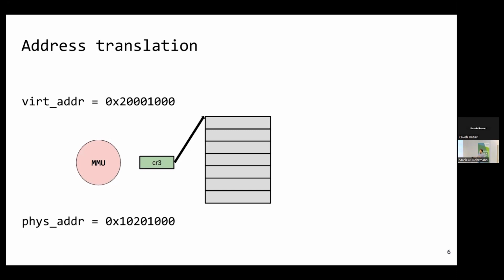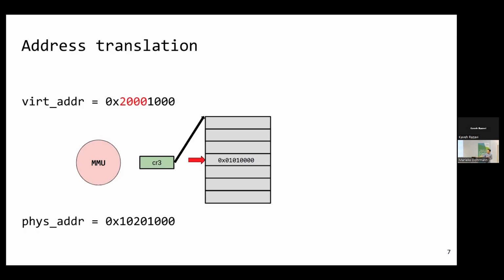On x86, there is a register, in this case CR3, different architectures have different registers, that points to the root of this page table tree. Your CPU walks this page table tree to translate this virtual address to this physical address. Your MMU goes to the first level of the page table, and then uses some bits of this virtual address to figure out which location inside the page table you should go to.